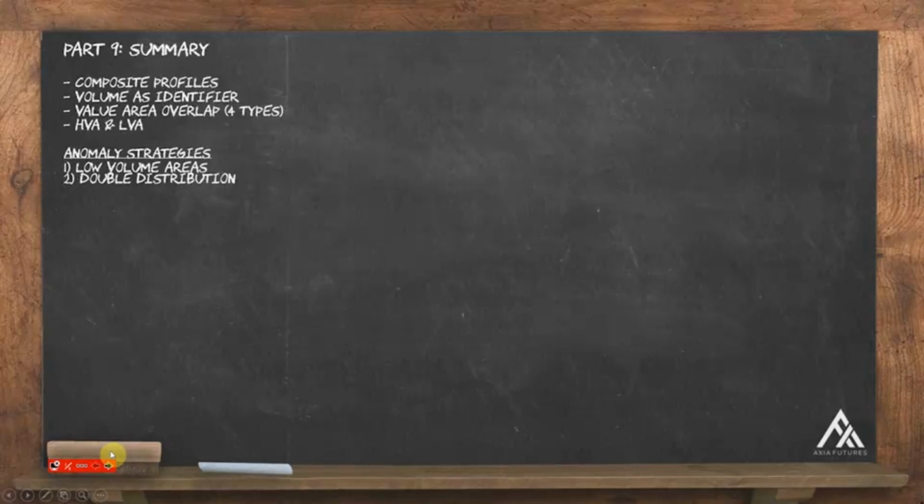Some of the identifiers we spoke about with regards to volume were the volume value area: what size was the volume value area, what range of prices, where was it located, etc. We then also spoke about the volume at the various prices, and we said that if we had low volume at the extremes, whether that's the low or the high, this would indicate maybe a bad high or an anomaly, whereas if we had relatively high volume at the extremes, that would be an anomaly, whereas relatively low volume would be suggestive of quite a strong auction process off the extremes.